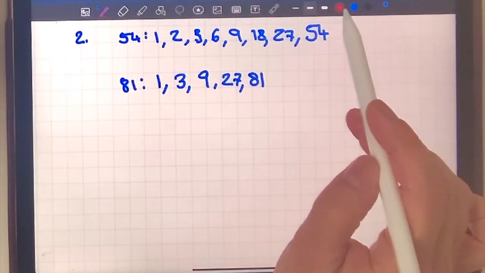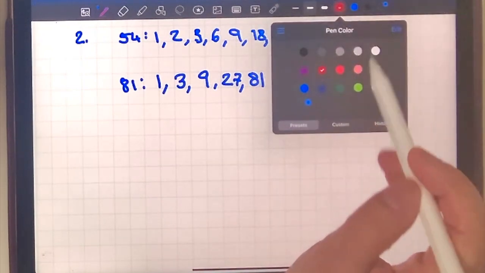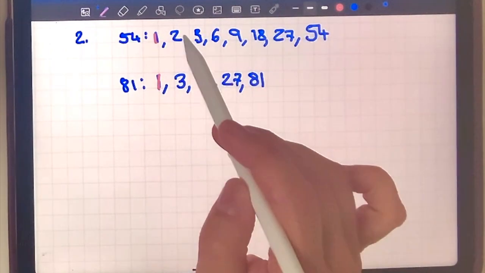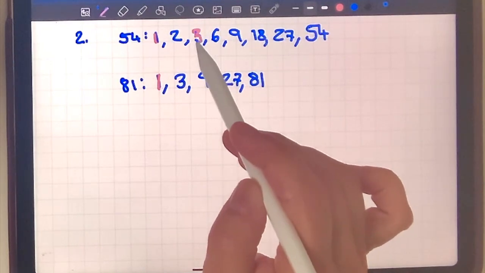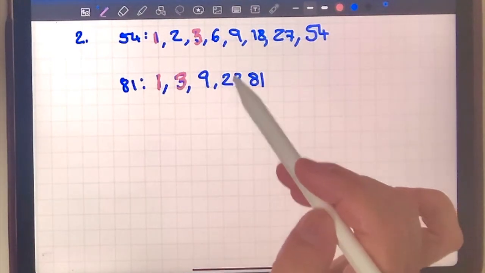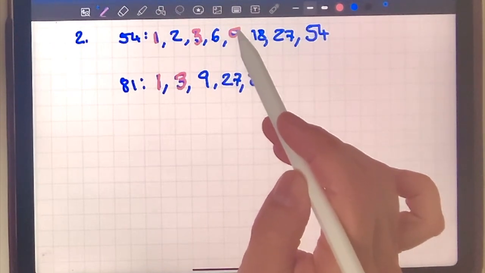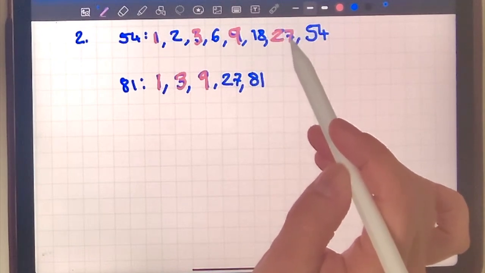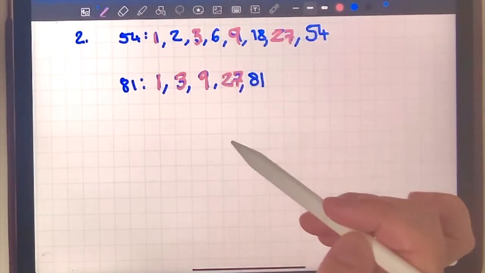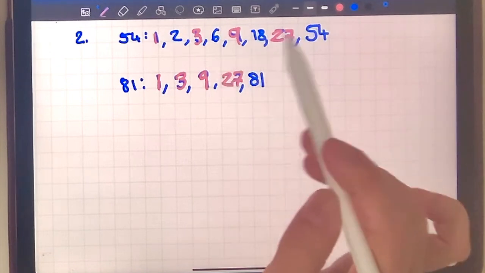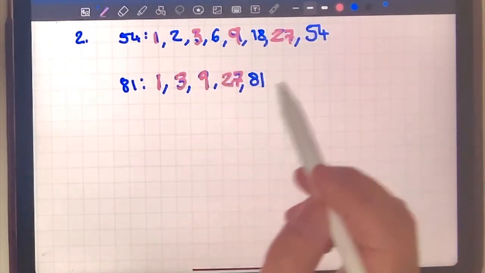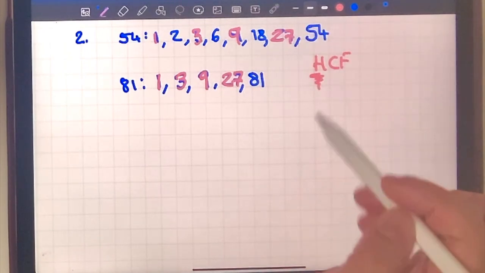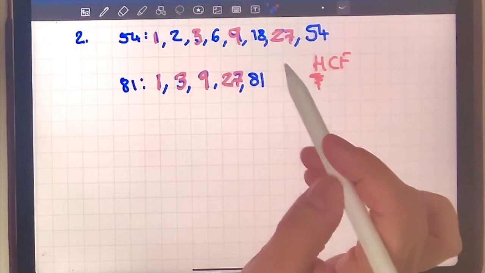Okay. So now I want to find all my common factors, and the highest one is 27.